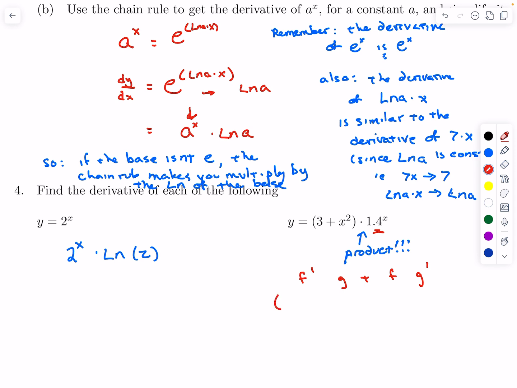So f prime is 2x times the original g, and then plus the original f, and the derivative, again, if the base isn't e, you just multiply by the ln of the base at the end.